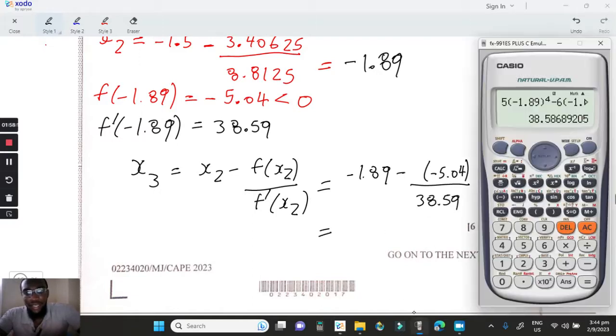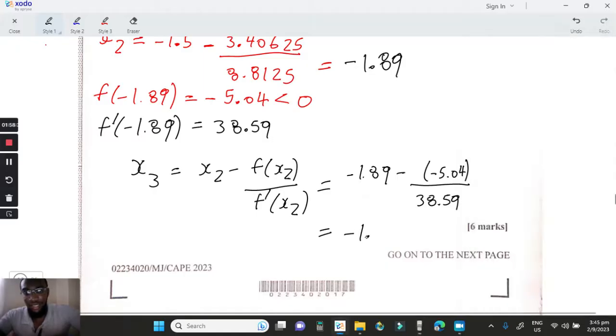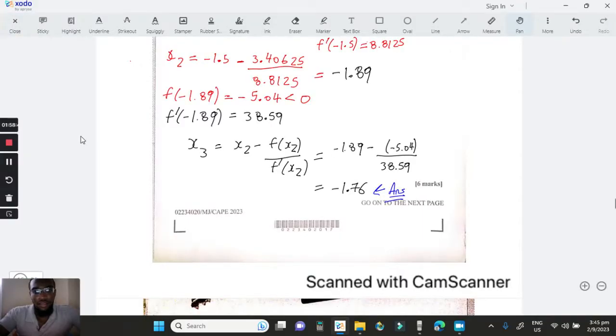You plug that in the calculator, negative 1.89 minus fraction button, negative 5.04 over 38.59, and we get negative 1.76. That's our answer. 6 easy marks for that. Alright? That's it. Negative 1.76.